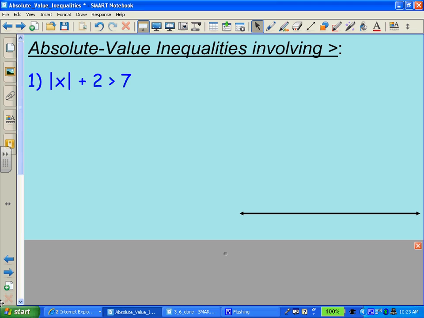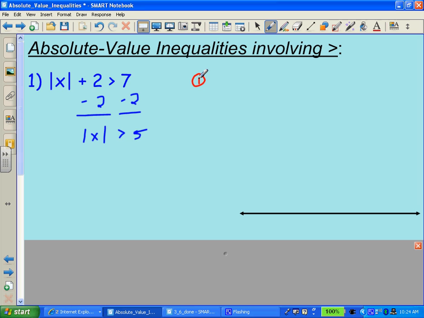Now let's look at the ones that involve greater than or equal to. It's going to be essentially the same process, but these ones are going to turn out as or compound inequalities instead of and compound inequalities. So again, I'm going to get the absolute value by itself. So I subtract 2, absolute value of x greater than 5.